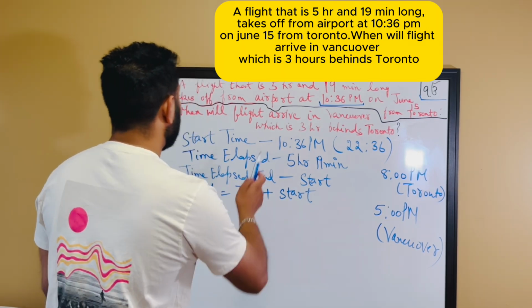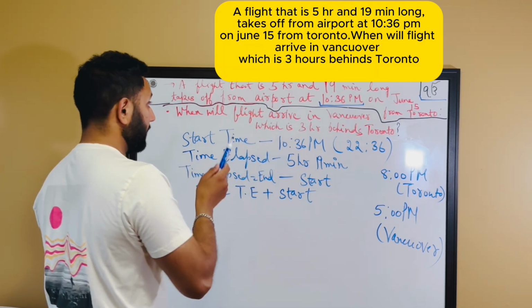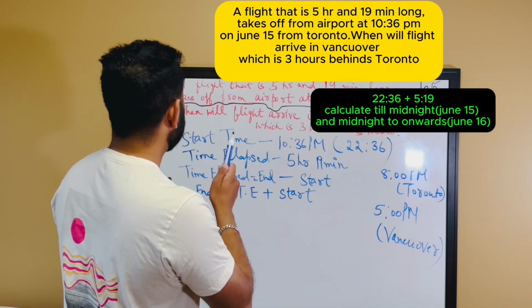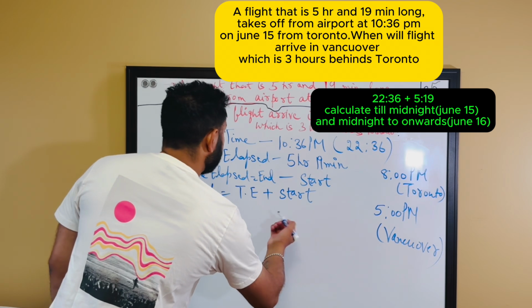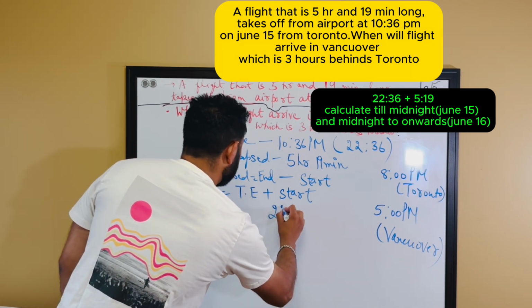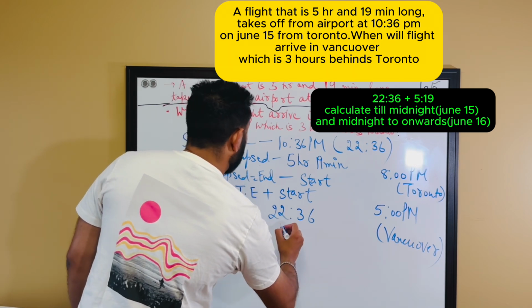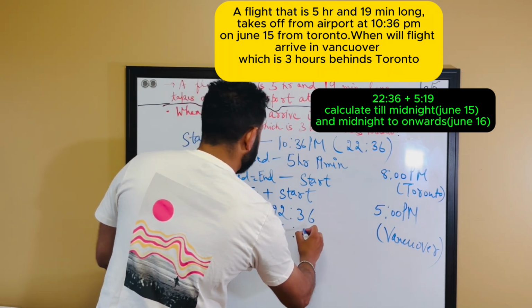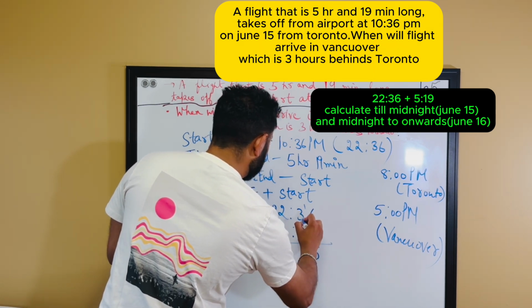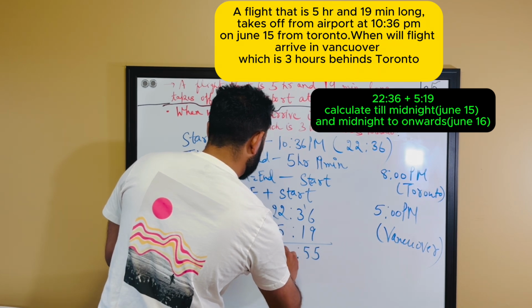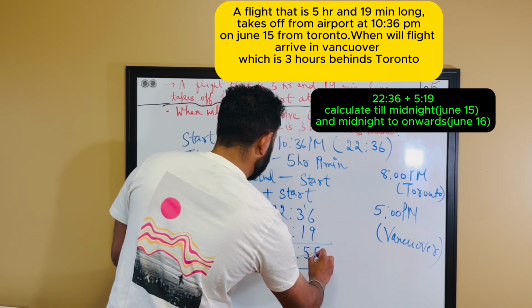If we add the time elapsed to the start time, it's obvious that the flight is going to arrive in Vancouver the next day. So let's do the addition. 5 hours and 19 minutes, if we add this, we get 27:55.